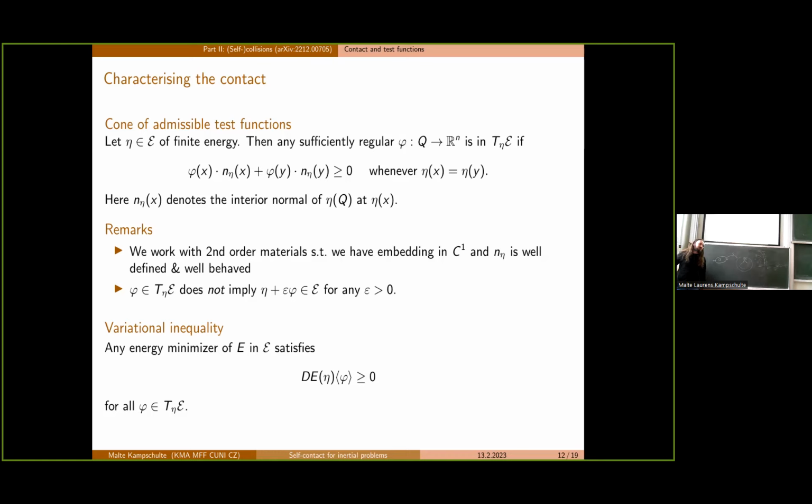Because basically, I'm allowed to test into the good directions in this cone, and I'm not allowed to test into the directions that get overlap. So instead of the derivative being 0, I get the derivative being larger or equal than 0. And of course, if phi is admissible and minus phi is admissible, I get equality here. That's the standard trick.